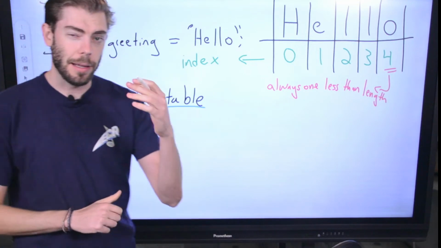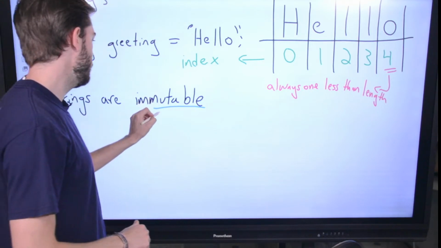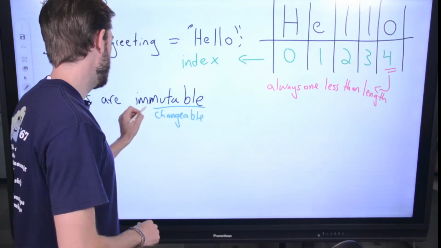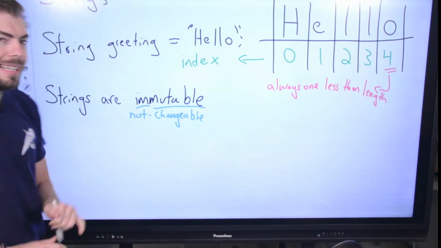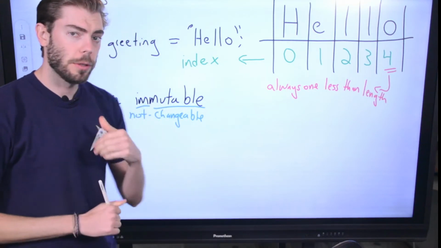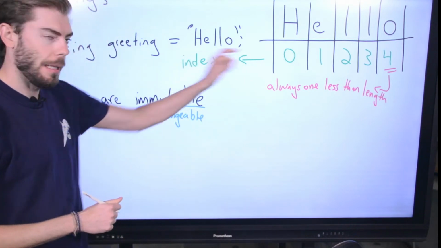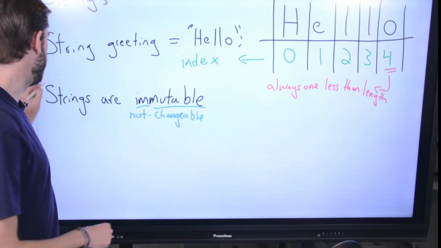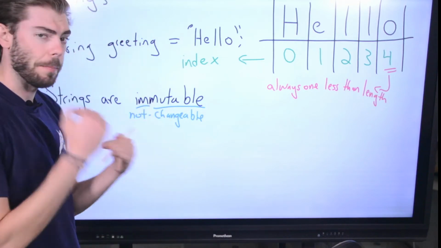Mutable, think of the mutants, right? In X-Men, mutable, this is changeable. And immutable means not changeable. So strings are not changeable. Whenever we manipulate a string in Java, we're either creating a copy or a brand new string. We aren't actually manipulating the string itself.